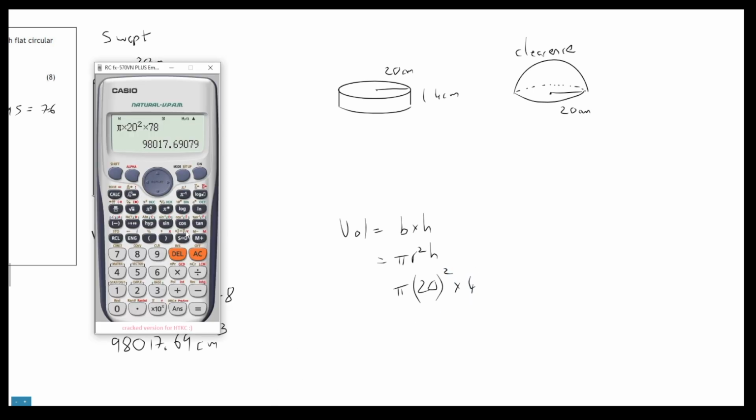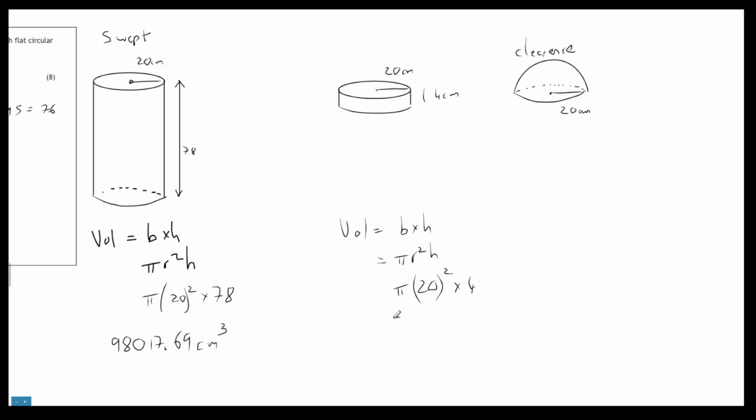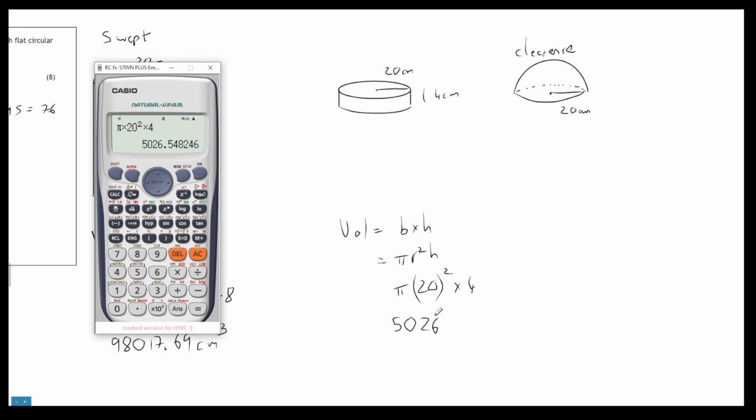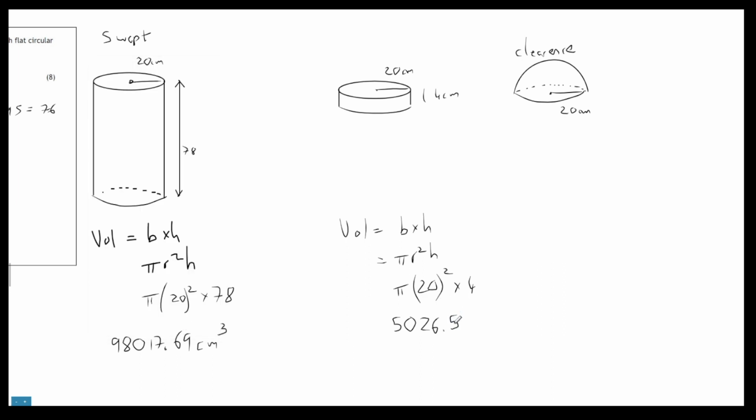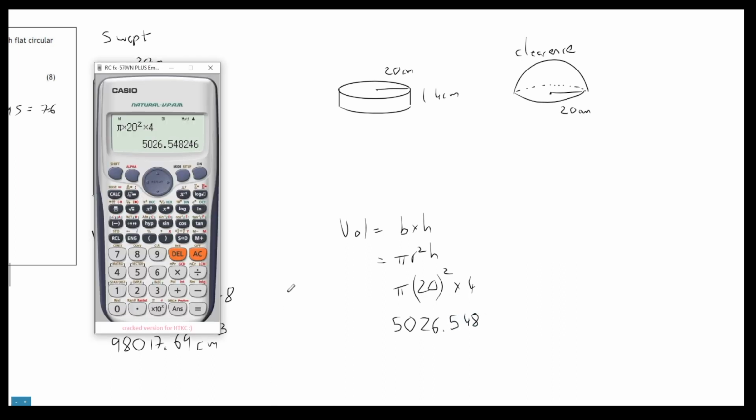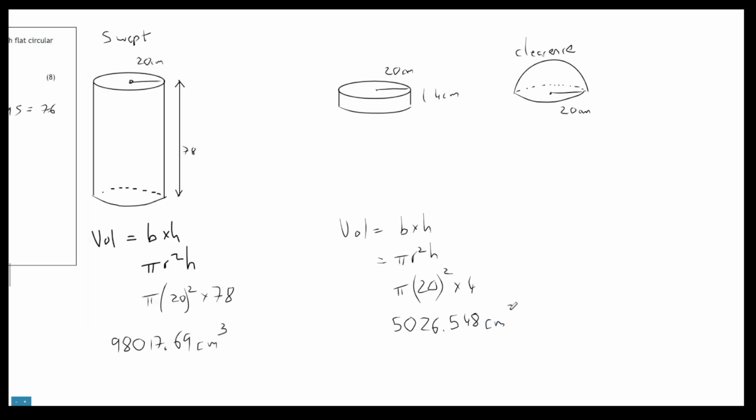So I'm just going to delete that and put a 4 in there. That's pi times 20 squared times 4, which gives me 5,026.548 centimeters cubed.